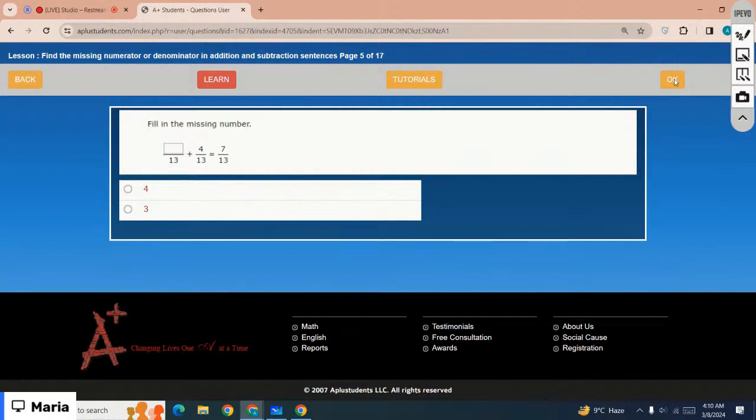The correct option is 4 plus 3 is 7. The correct option is 3.